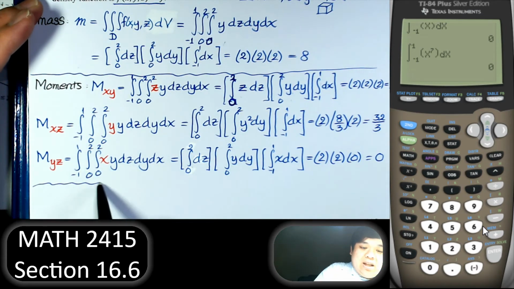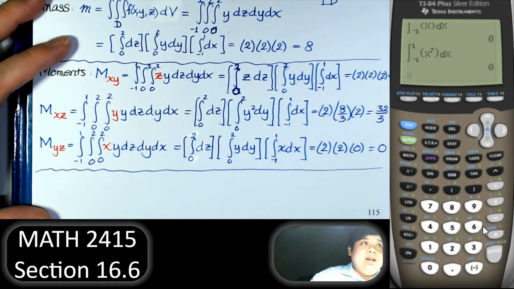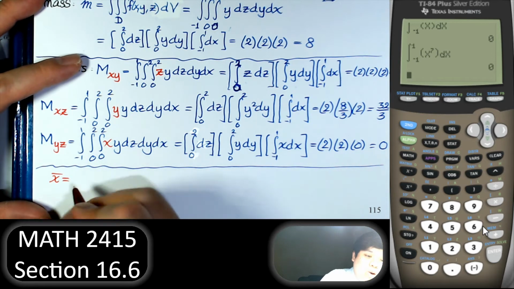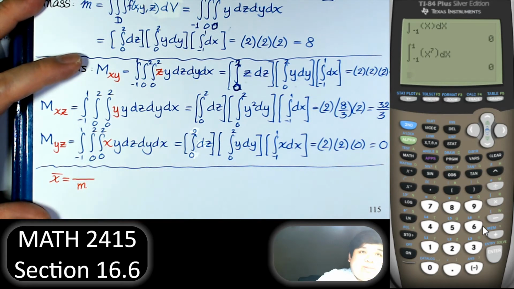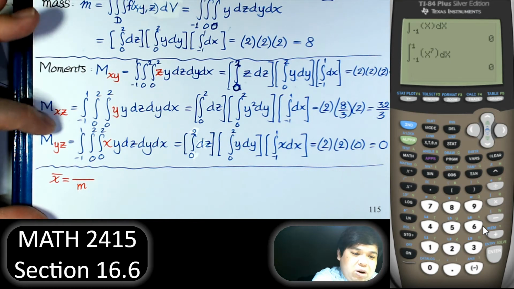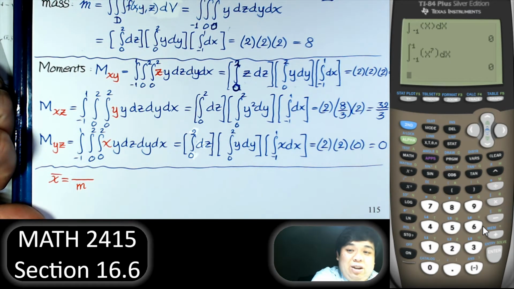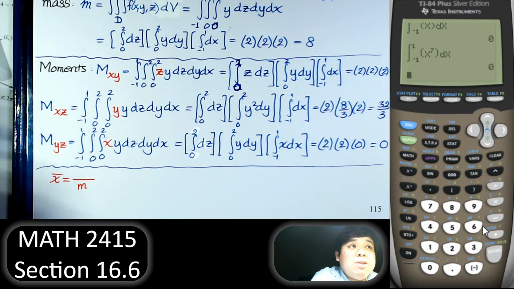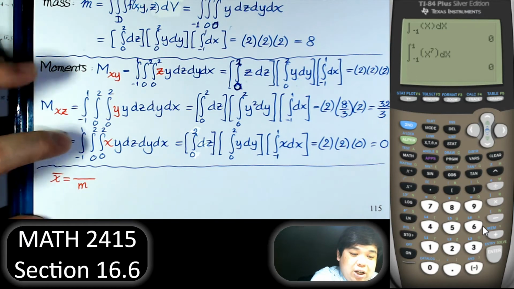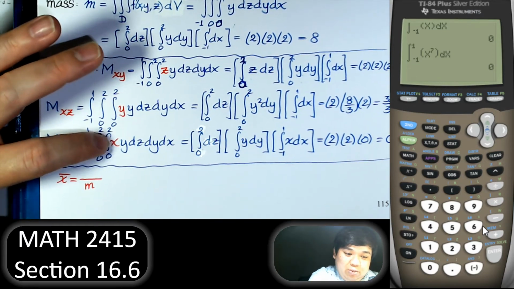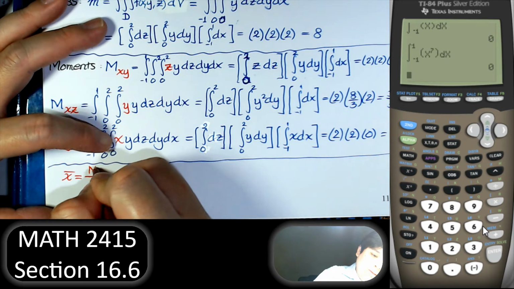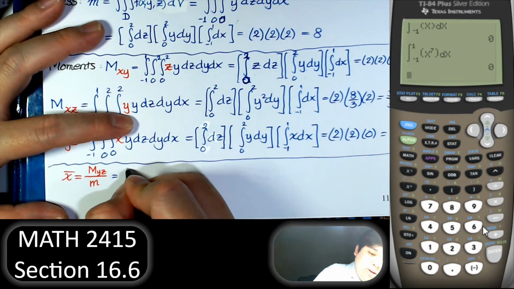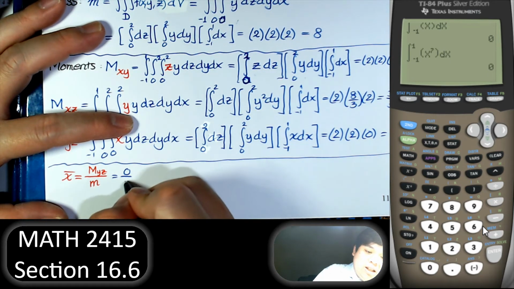So we calculated the mass and the moments. And then finally, x bar is what over the mass. So which one of them? Even though the name of it is a little off when we have x and then yz, if we want to find the x bar, we look for the integral that has x in it. So it's going to be this one. In this case, it's going to be 0 over mass, which is 8.